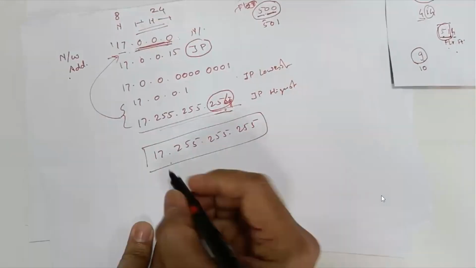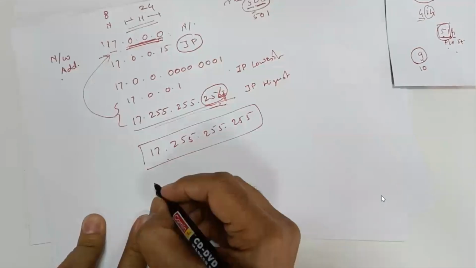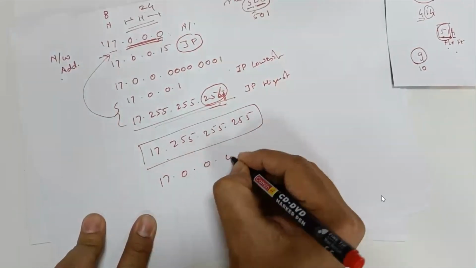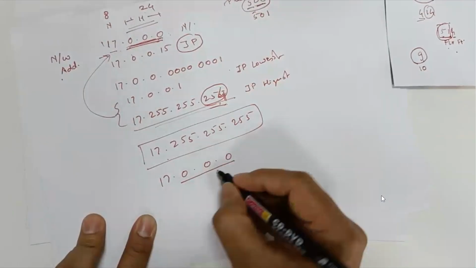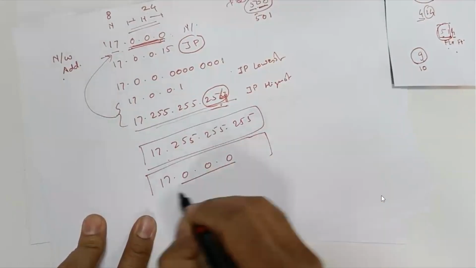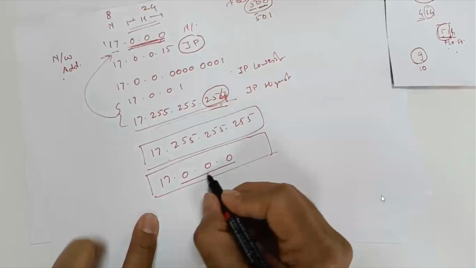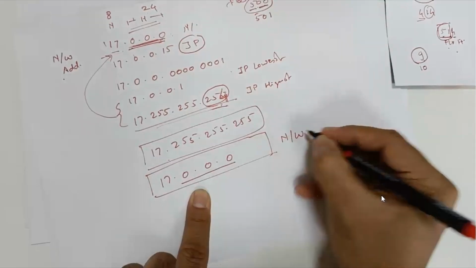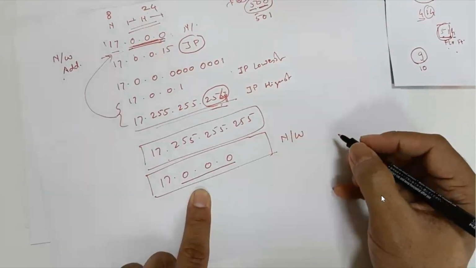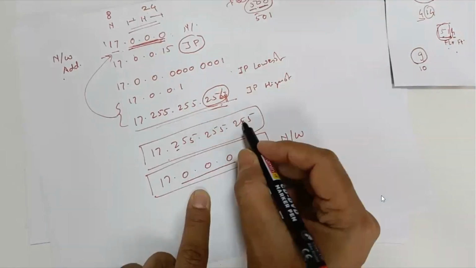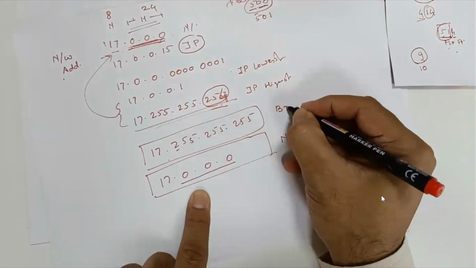So let me tell you, the network address is 17.0.0.0. When all the host bits are 0, we are talking about the digital representation, it becomes the network address. When all the host bits are 1, it becomes the broadcast IP address.